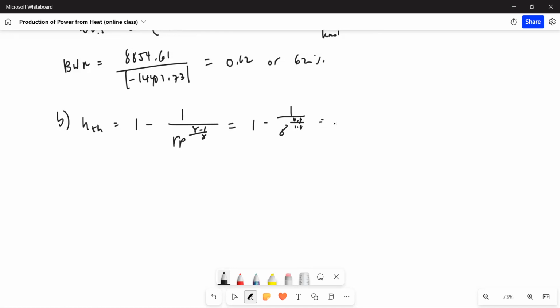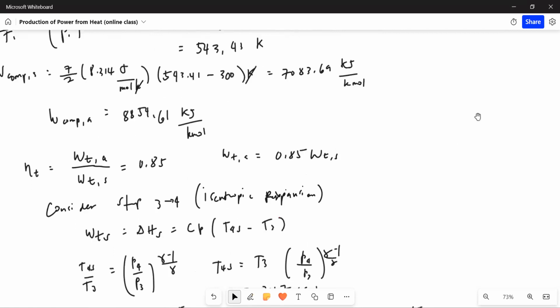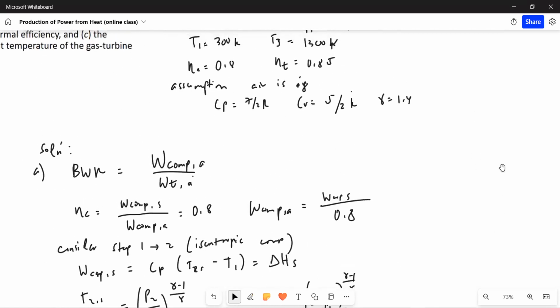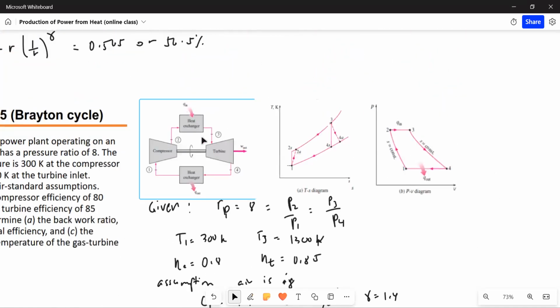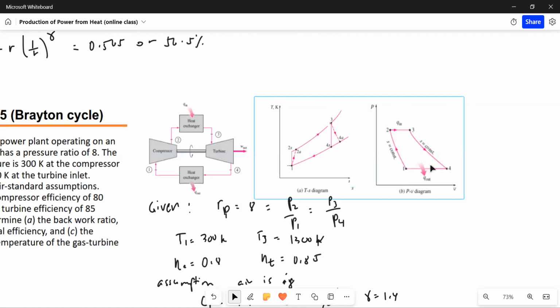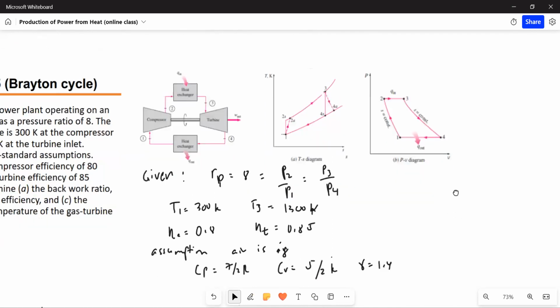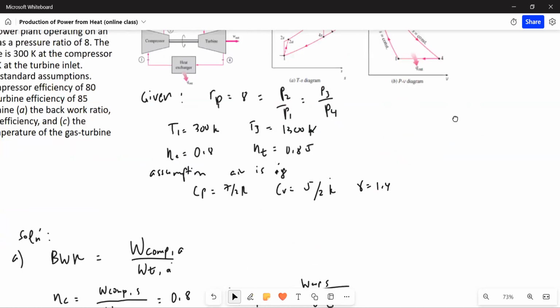This would give us 0.448 or 44.8%. Which means that out of the heat absorbed by the system, only 44.8% is used to do the net work.